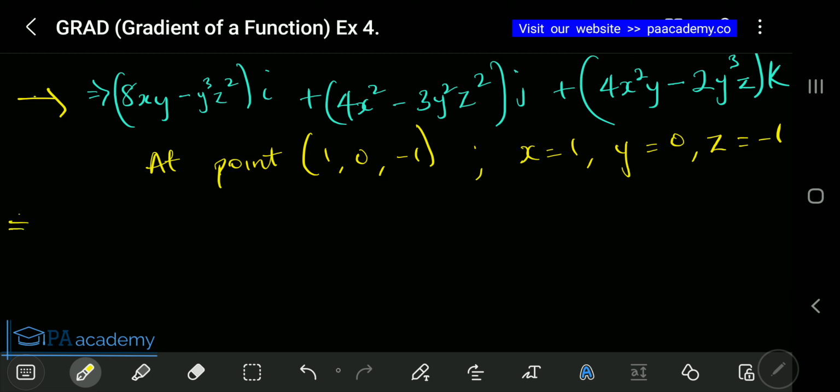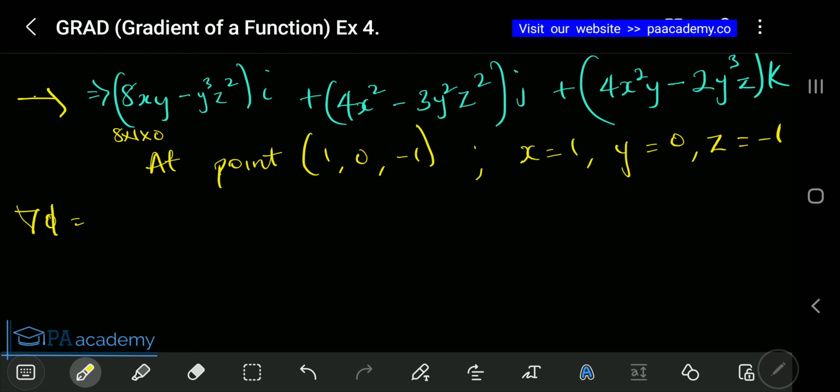Our grad phi will definitely be, so this is 8 times our x, which is 1, times our y, which is 0. Since our y is 0, anywhere we are having y, we can just conclude that it's 0. Here this is 8 times 1 times 0, and that's going to give us 0.